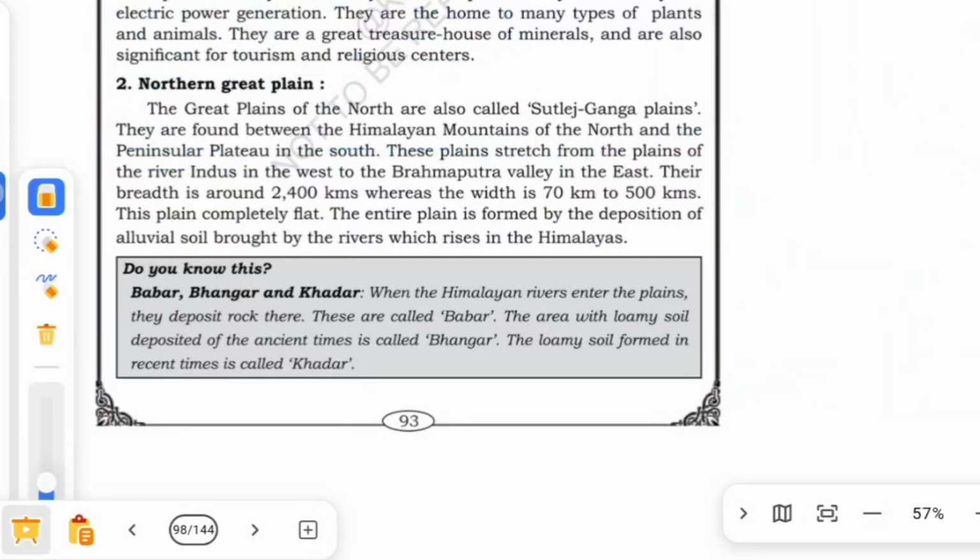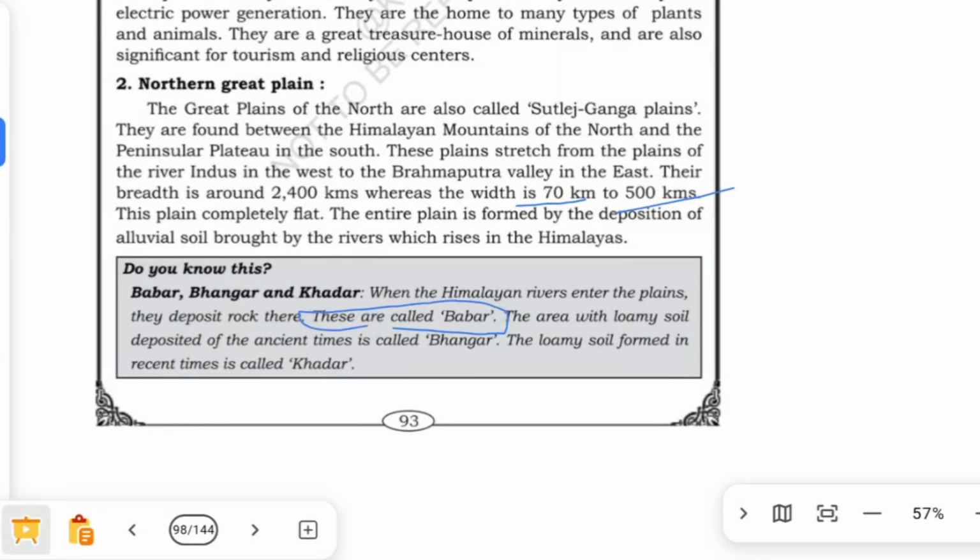So it is around 2400 kilometers long, whereas the width is 70 kilometers to 500 kilometers in the plain. It is completely flat. And you must understand three main keywords, that is Bhabar, Bangar, and Khadar. What is the meaning and why are they important? When the Himalayan rivers enter the plain, they deposit rocks there, which is called the Bhabar.